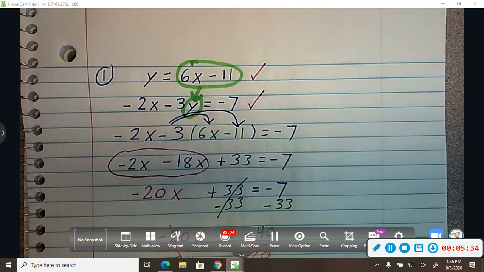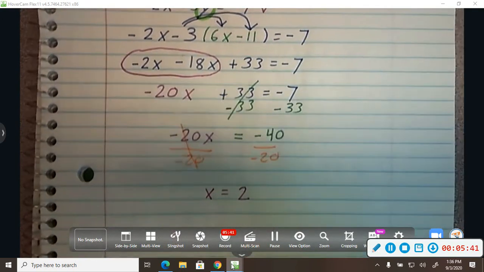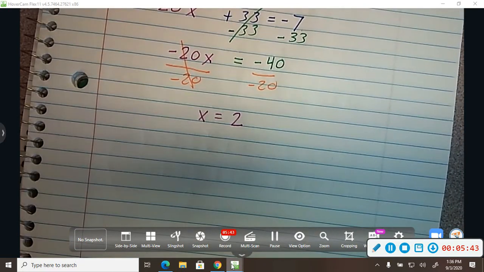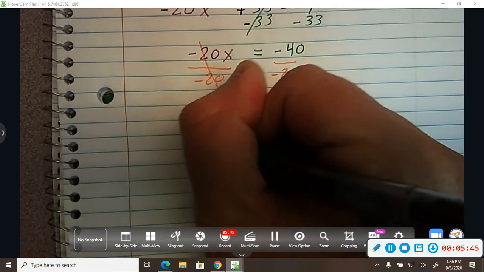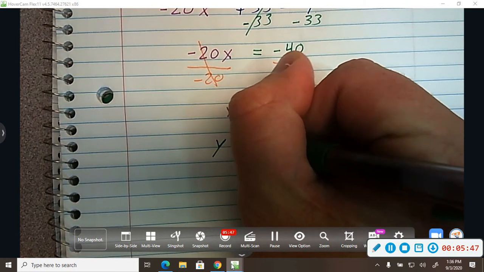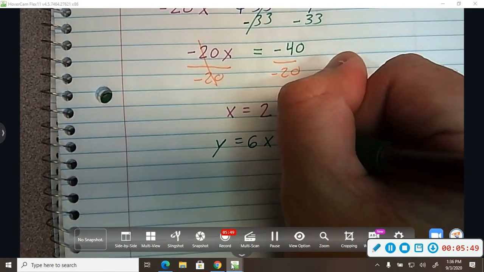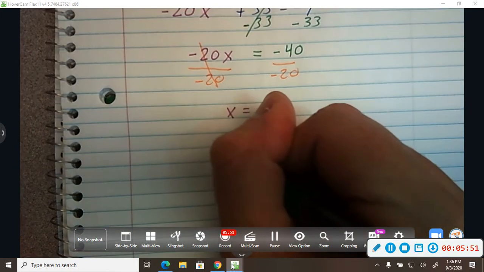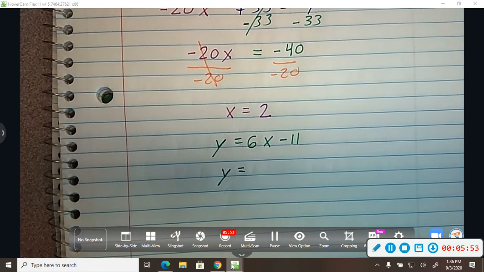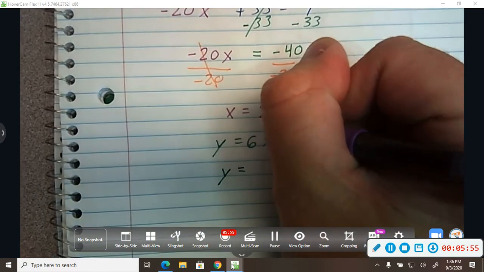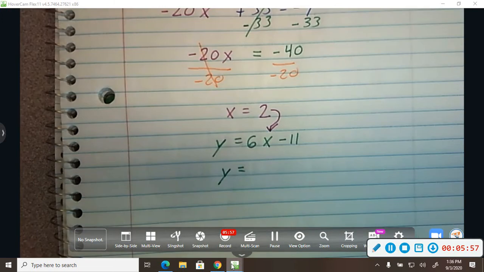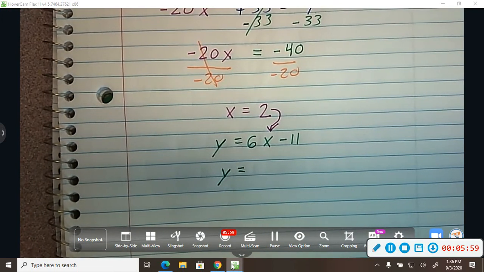So I would plug in that, and to find the y, you just take 6 times the x minus 11. And 6 times 2 is 12. 12 minus 11 is 1.